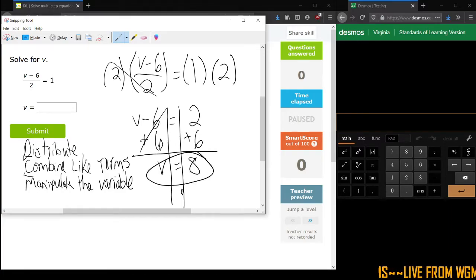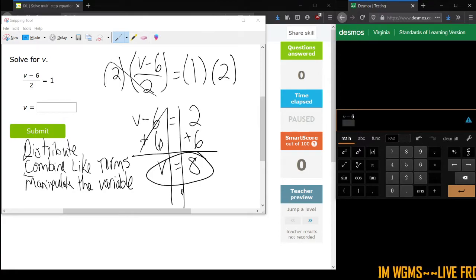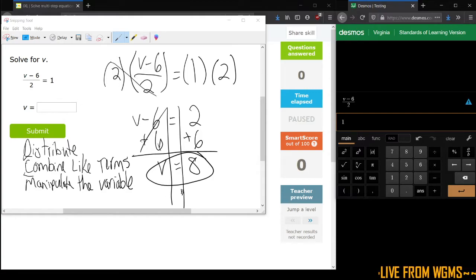And so now to check that, again, I type in the left side of my equation. So I'd say I have a fraction, and I'm going to say v minus 6 over 2. And I have to say my right side of the equation, which is just 1.